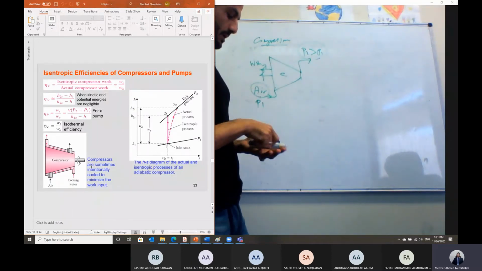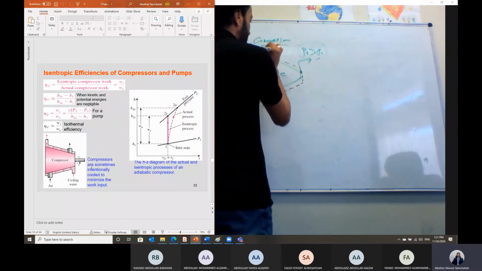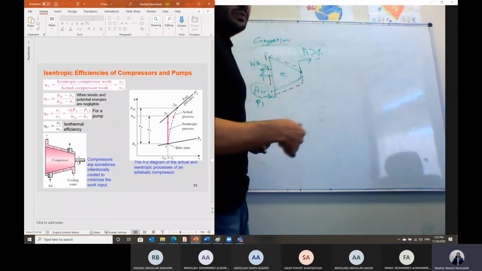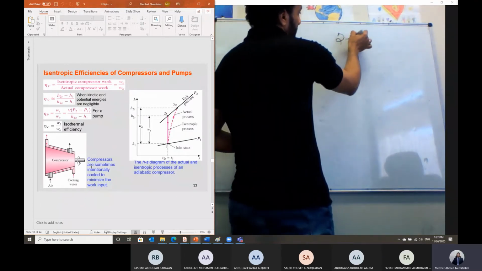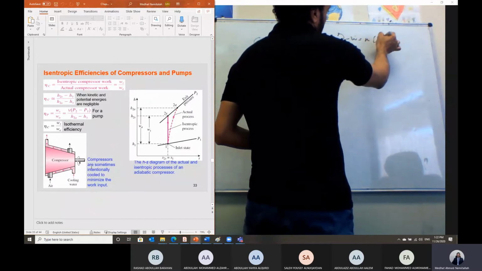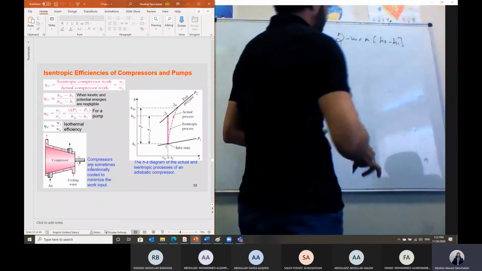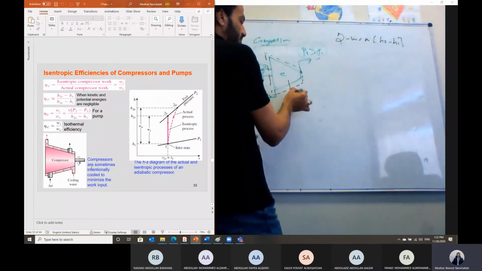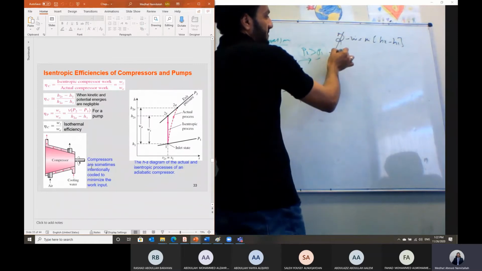Okay. So if we get back again, draw the control volume, and then apply the first law of thermodynamics: Q dot minus W dot equals m dot multiplied by H2 minus H1. It is the same. But if this compressor is adiabatic, this heat transfer is 0.